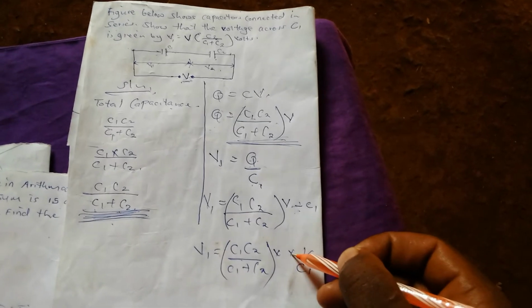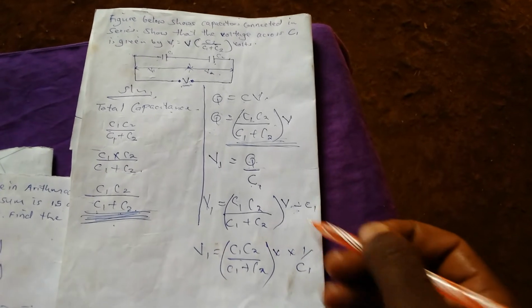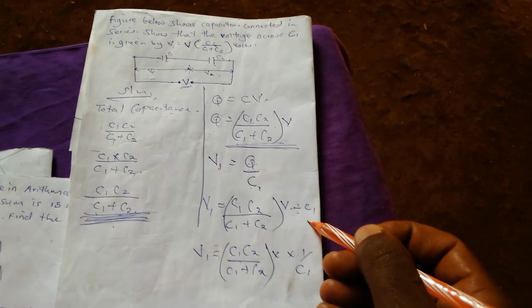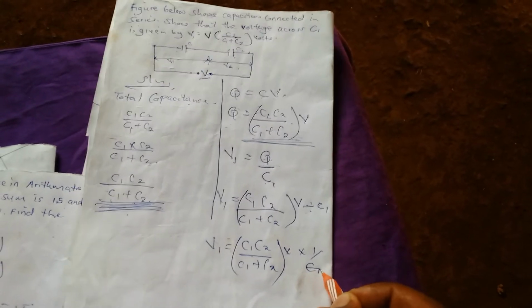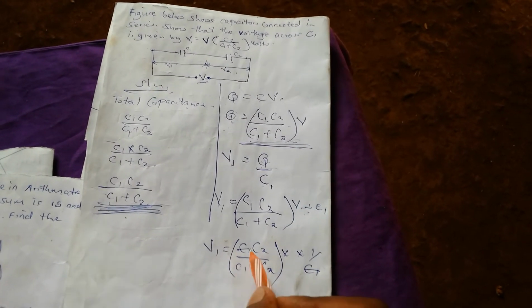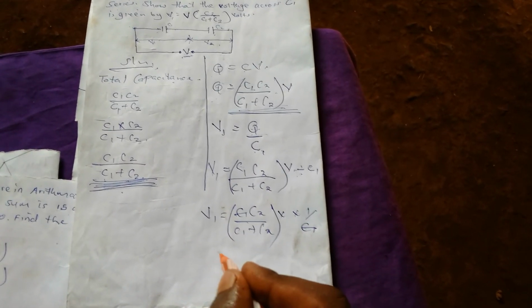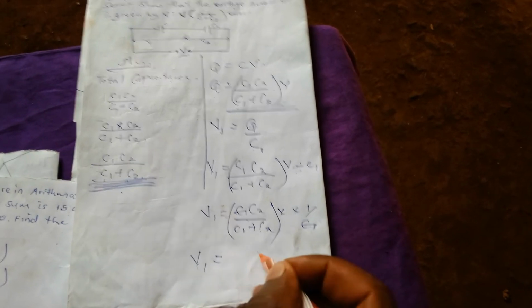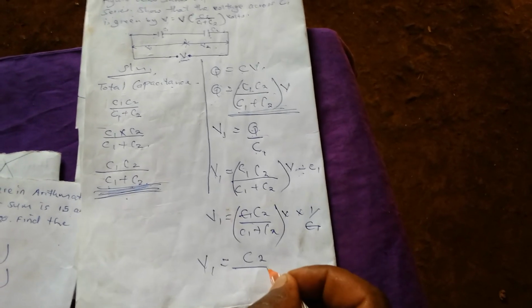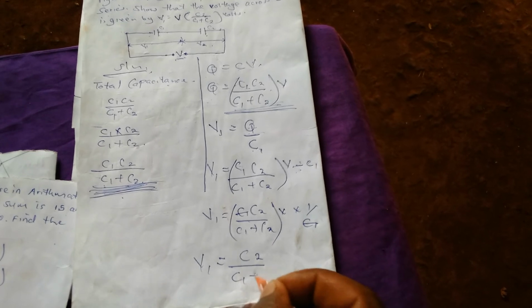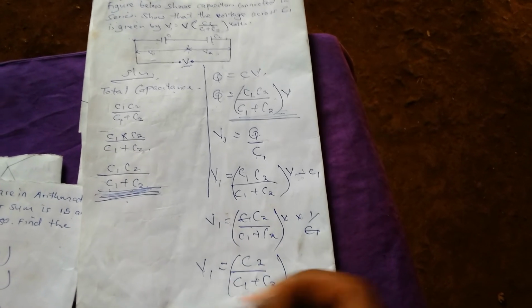We have multiplied by the reciprocal of C1. So C1 cancels with C1, and your final answer is V1 equals C2 over C1 plus C2 times V.